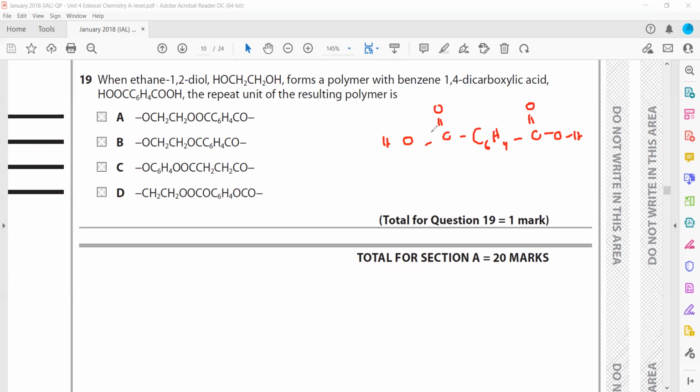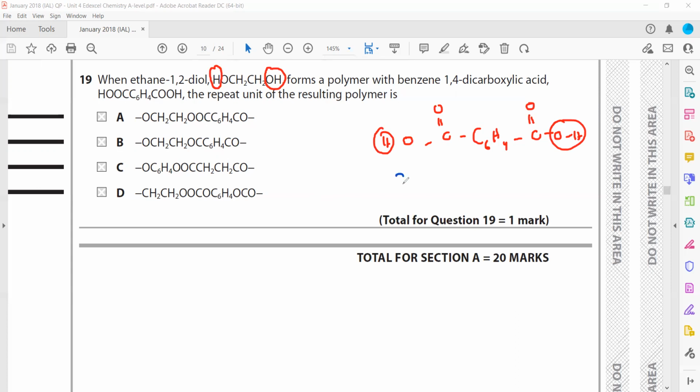Now, remember how a condensation polymer is formed? If we have a diol and a dicarboxylic acid, on one side we remove H, and on the other side we remove OH. So you see all of them start with O, so it means first we remove H, so that all start with O, and the other side will remove OH. So what will be the structure?